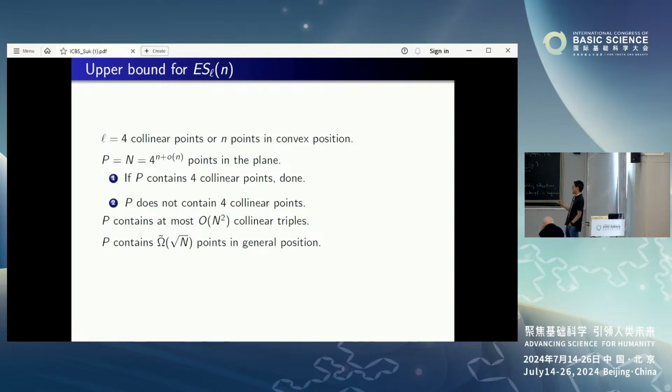Once you have kind of the general position, and results that we work, and so we start allowing collinear points.